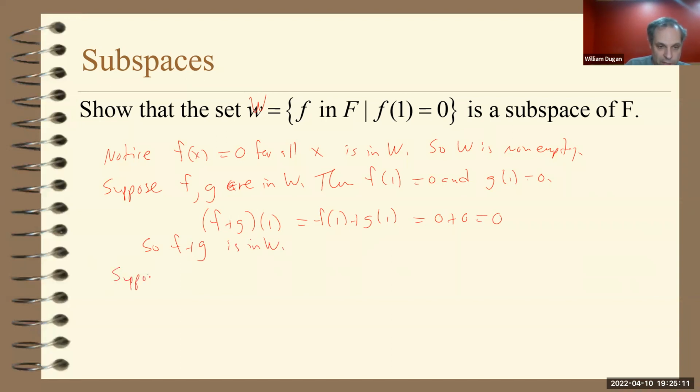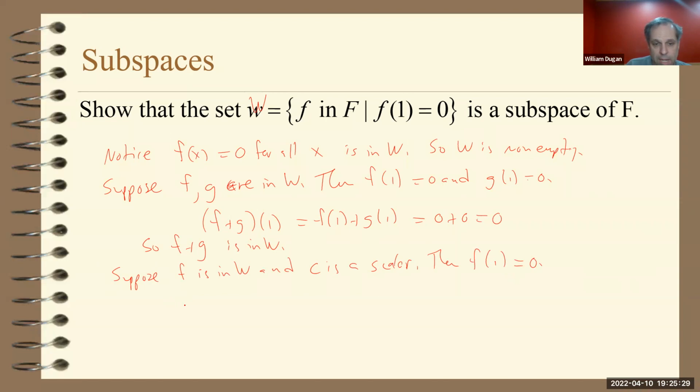Suppose then that f is in W and c is a scalar. Then I know that f of 1 is 0.